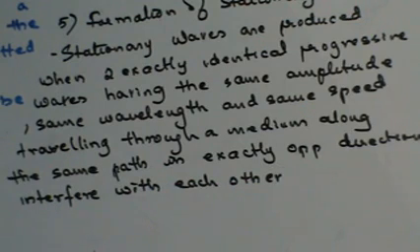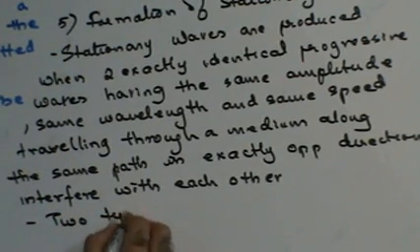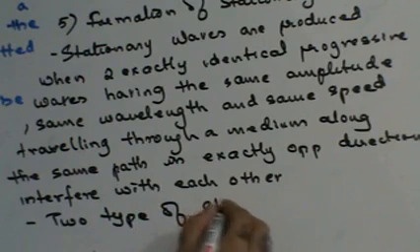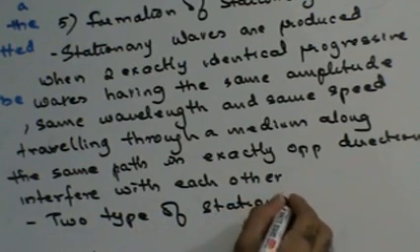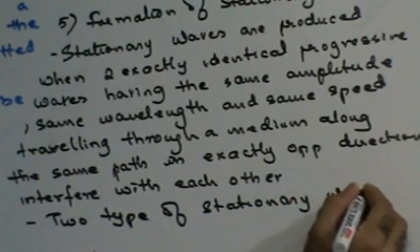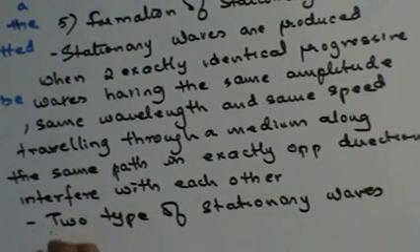Now, there are going to be two different types of stationary waves. One, you would have transverse stationary waves, and the other would be longitudinal stationary waves.